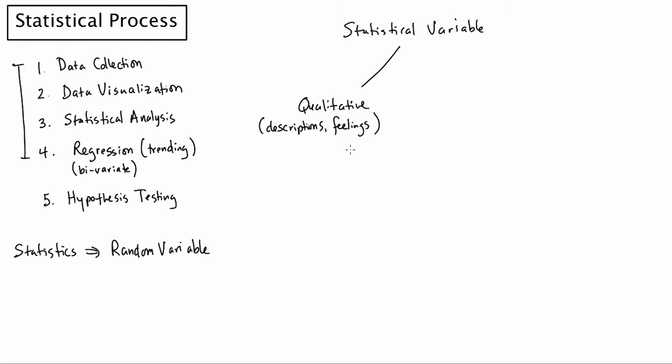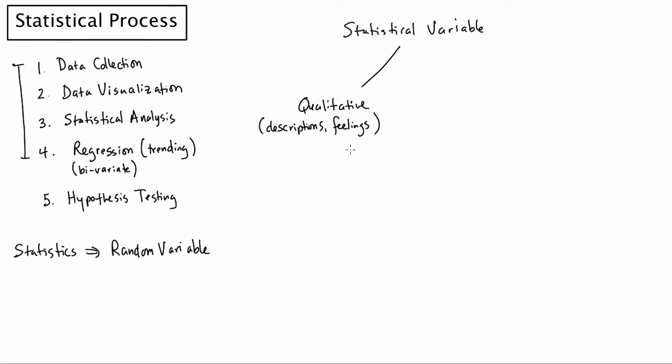And so that is a description of the people that are in that sample, but it's not a number description. It's a word description. You could take a psychology test where it asks you to list how you're feeling that day, and the answer choices might be happy, sad, whatever, but that description is qualitative.